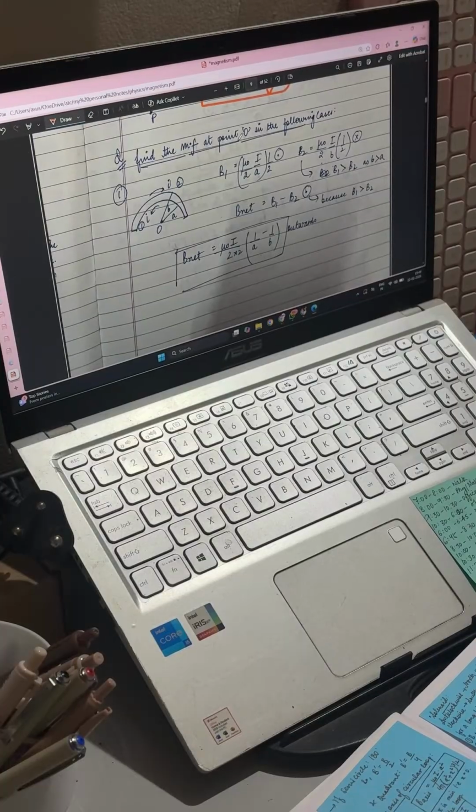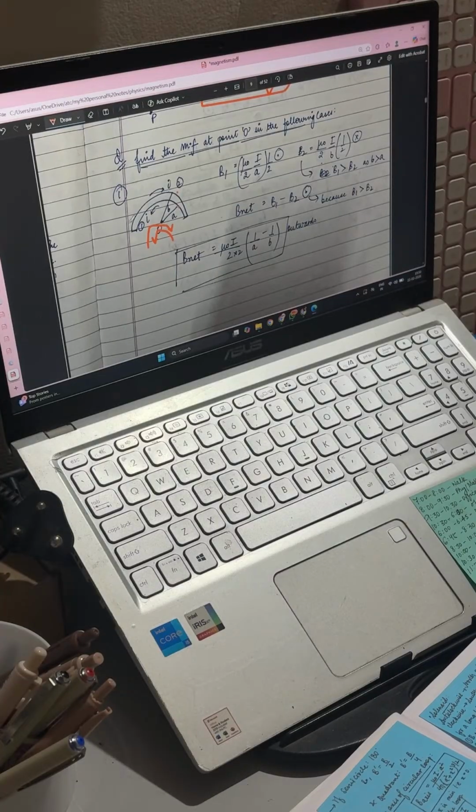Find the magnetic field at a point O in the following cases. They have given a semicircle, so it becomes 1/2. Now you need to be conscious about the radius and the direction. So we have this A and we have this B. For A, the direction of the current is this side. For B, the direction of the current is this side.